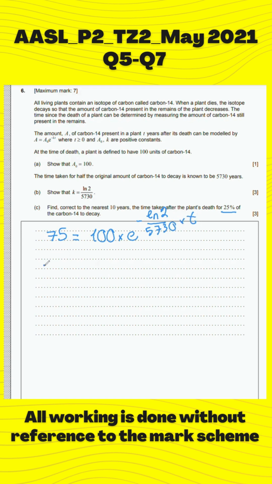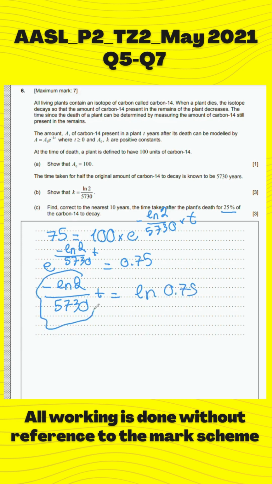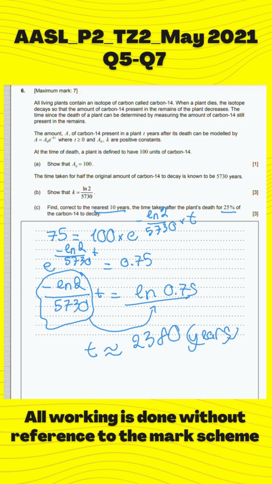So e power negative ln 2 over 5730 t equal with 75 divided by 100, which is 0.75. So negative ln 2 divided by 5730 t equal with ln of 0.75. So move this one to here as the denominator and put it in the calculator. We have t nearly 2380 years, correct to the nearest 10 years.